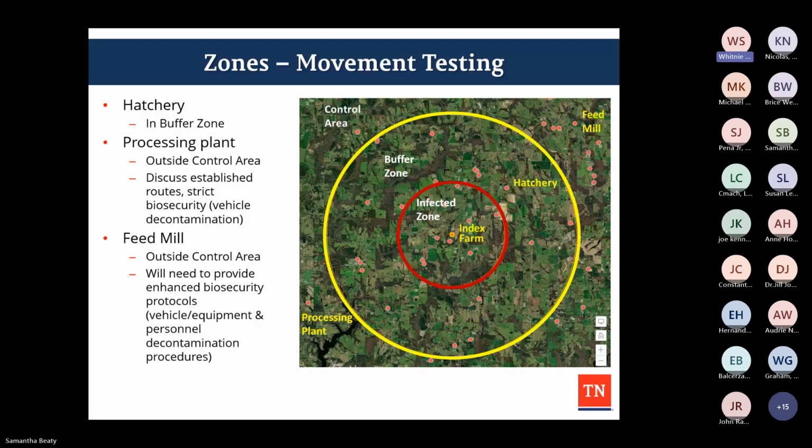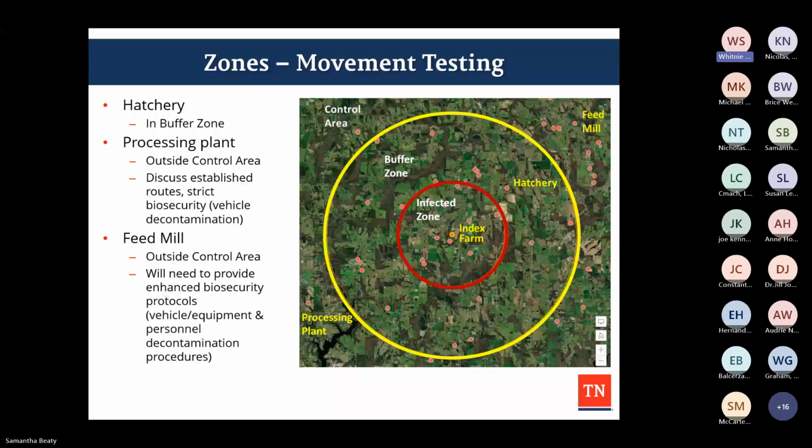So far we've focused on what it looks like to be that index or infected farm, but all of the other commercial farms that fall into the infected and the buffer zone, which together is the control area, anything that moves in there has to be permitted because everything in that control area is technically under quarantine. I'll get into a little bit more of the permitting, but this is a good example to demonstrate when we might have to permit a movement.